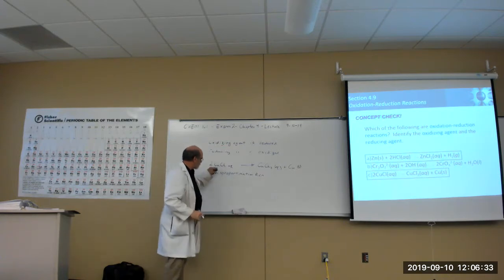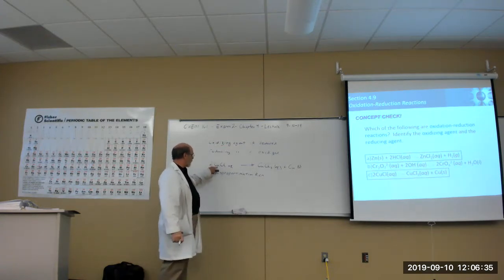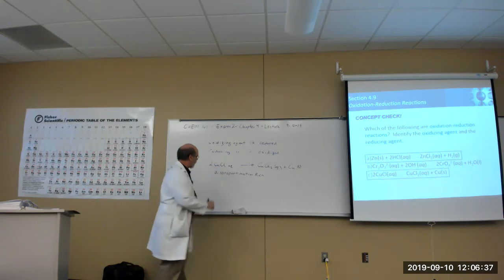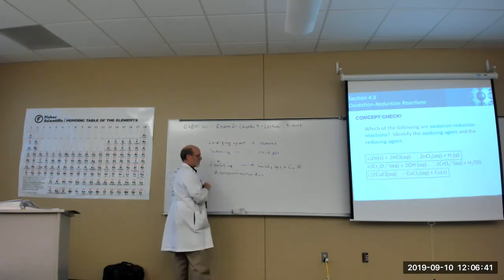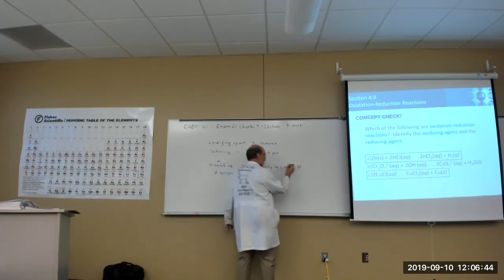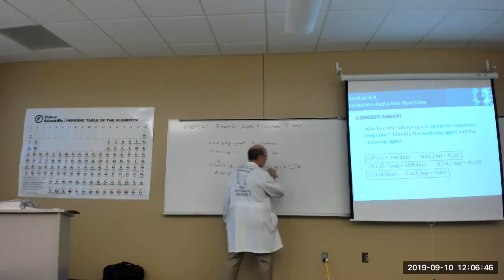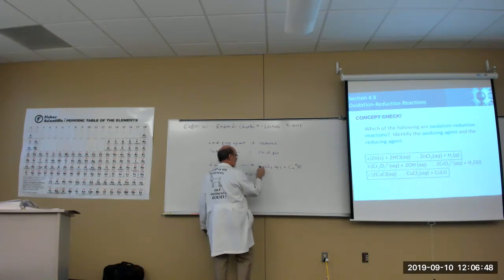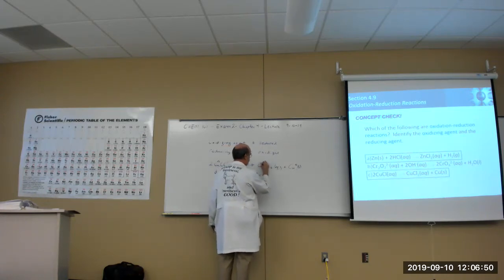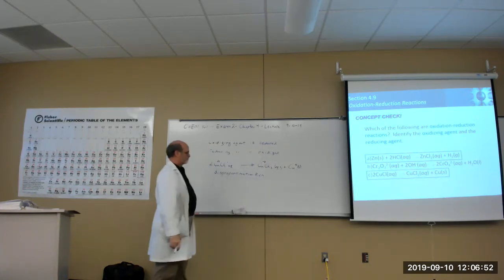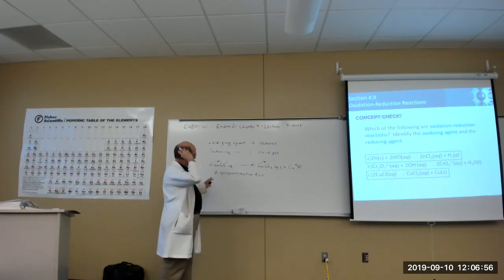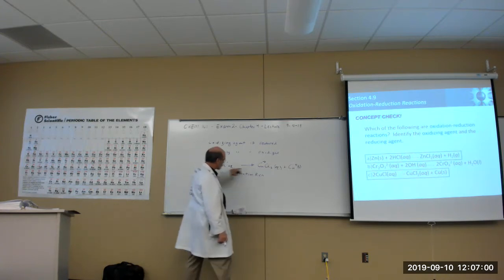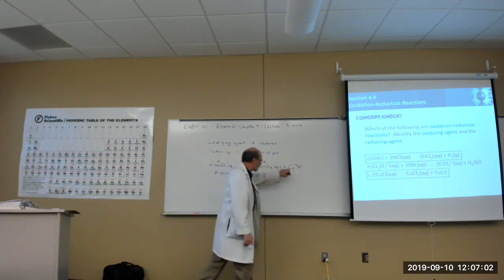Because this compound starts off with a copper in there, and the copper is at -1, +1 oxidation state. It goes two different directions. It goes to a 0, and it goes to a -2. So it separates disproportionately. One of these, see there are two of them, one of them goes to here, one of them goes to there.